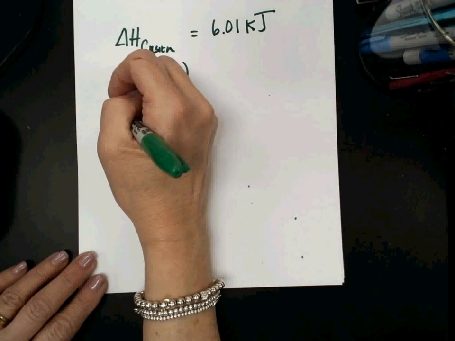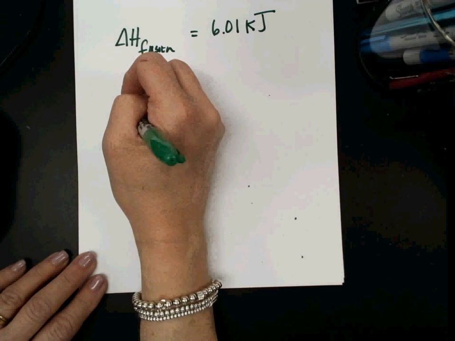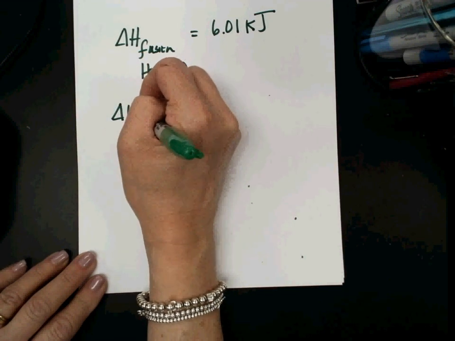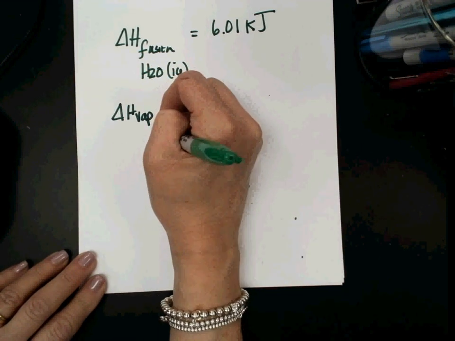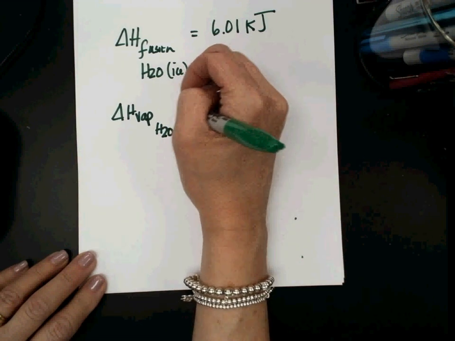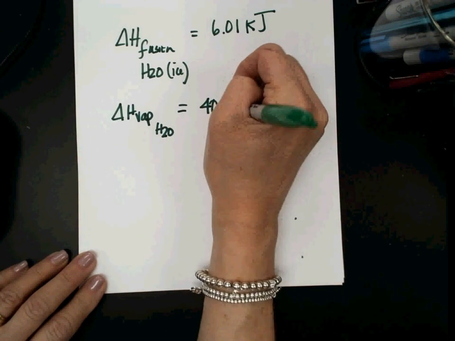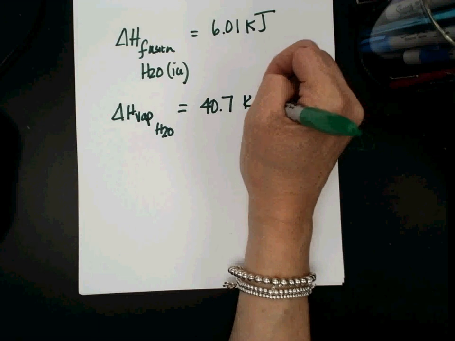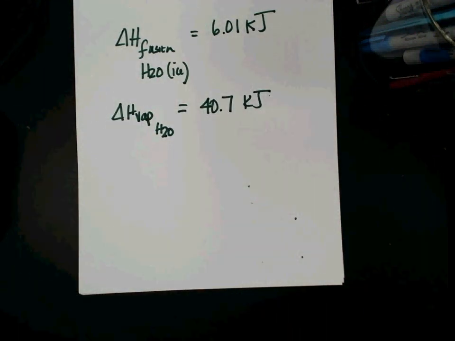That's fairly large. And when I talk about my heat of vaporization of water, that is equal to 40.7 kilojoules. And those are numbers that we'll just have to remember, and as we move through, I'll give you a few more.